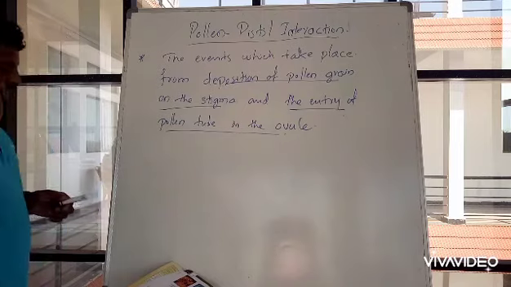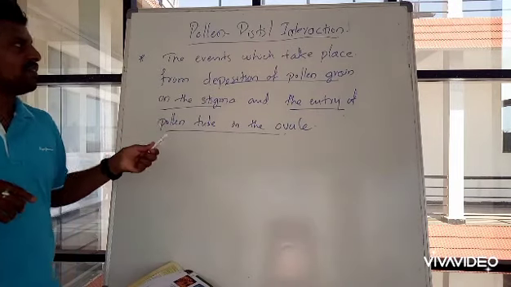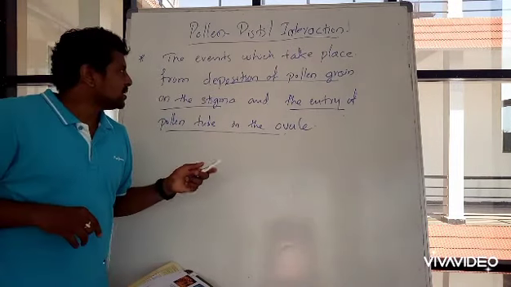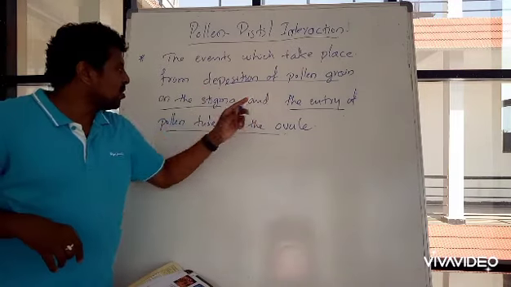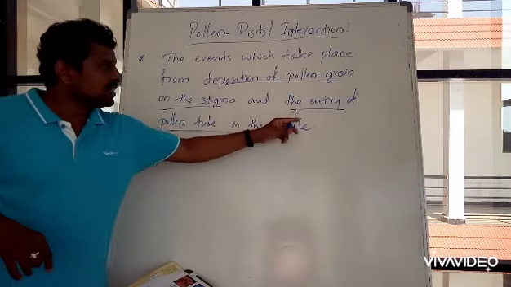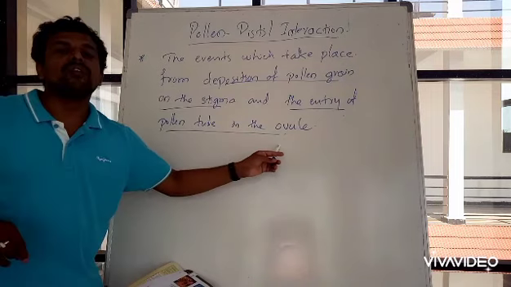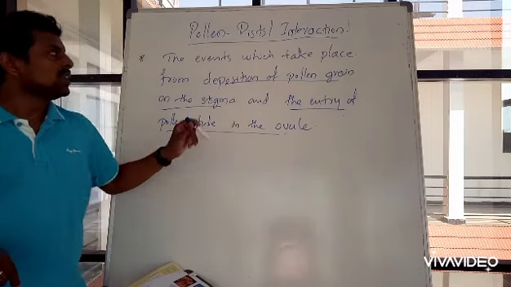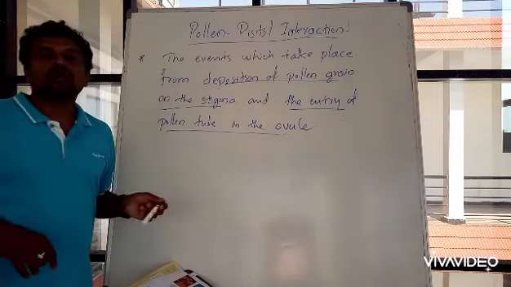Let me tell you the definition one more time. The events which take place from deposition of pollen grain on the stigma and the entry of pollen tube in the ovule. So the events take place during these two processes.